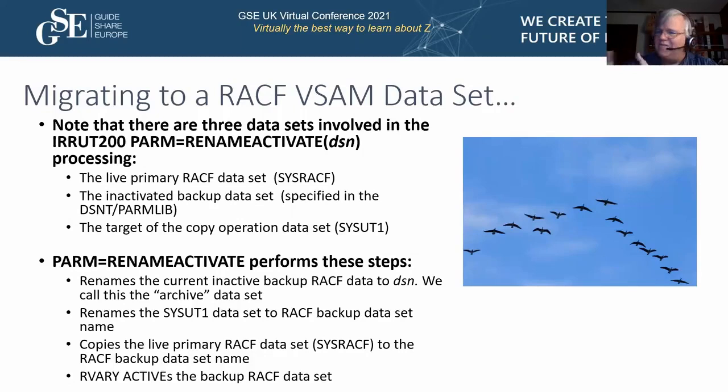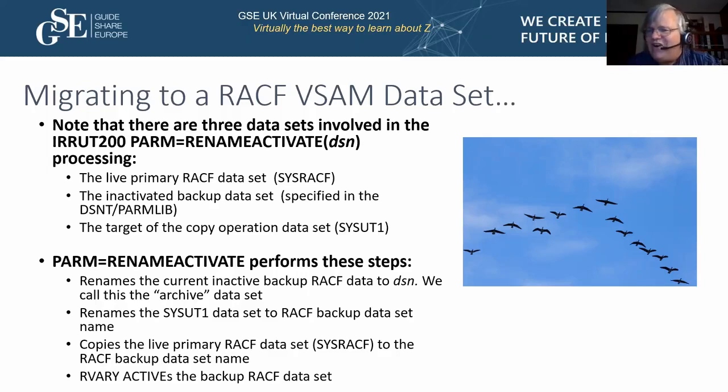I'm going to harp a little bit on IRUT200 because understanding this is key to the whole process. With rename activate, we're talking about three different data sets: the live primary, the inactive backup, and the target where you want the copy to occur, in this case the VSAM data set. That's SYSUT1. The steps are, again, we rename the current inactive backup data set to the DSN value specified in rename activate.